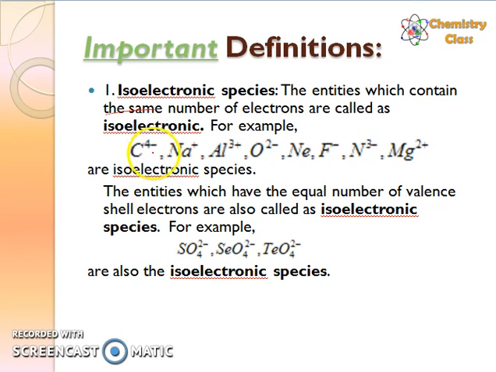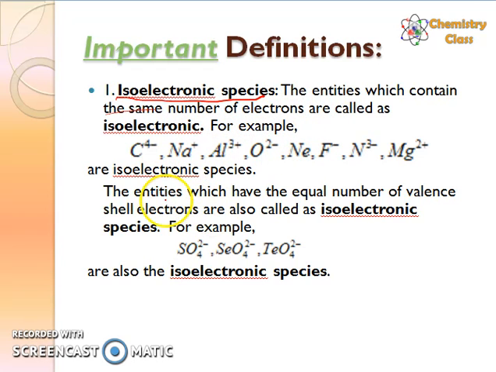Here you have an extra 4 electrons on the carbon atom. So sodium with the positive charge, Al3 plus, O2 minus, Ne, F minus, N3 minus, Mg2 plus. These all ions are isoelectronic species. Why? Because they contain the same number of electrons in their atomic structure.